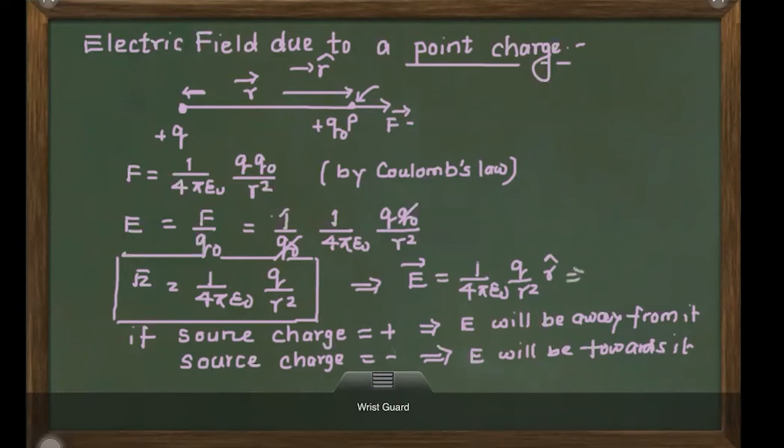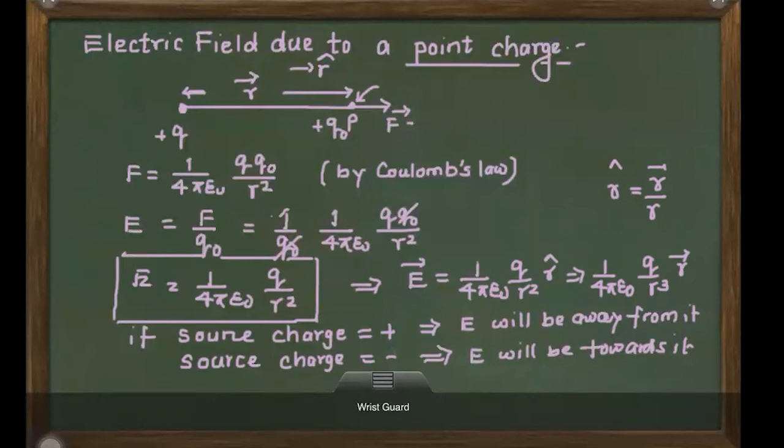So it will be 1 upon 4 pi epsilon naught Q upon R cube into vector R, because we can write R cap is equal to vector R divided by mod of R. So this is the value of electric field intensity due to a point charge.